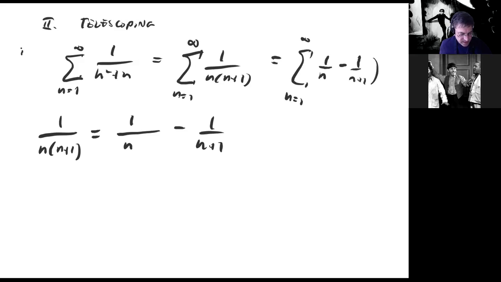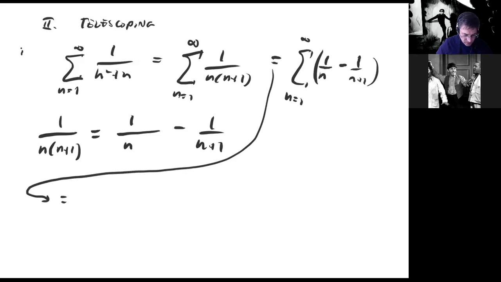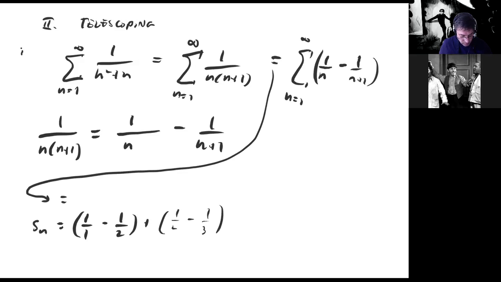It's nicest to write it this way because if we go down here, we'll just write out the first few terms, the nth partial sum. So the nth partial sum is 1 over 1 minus 1 over 2, plus 1 over 2 minus 1 over 3, plus 1 over 3 minus 1 over 4, etc., all the way up to and including 1 over n minus 1 over n plus 1.